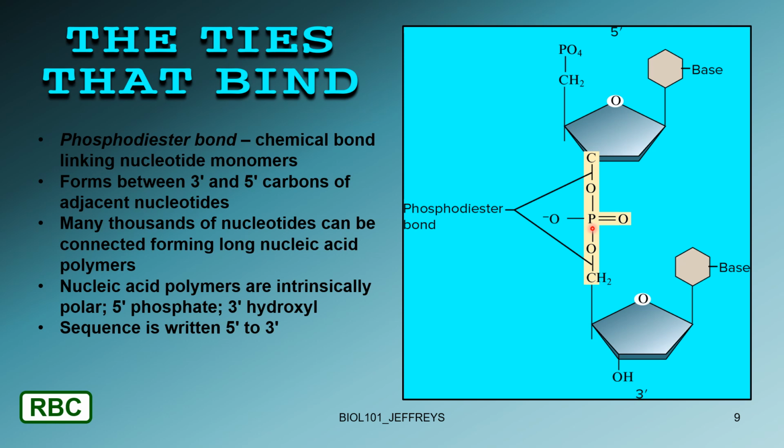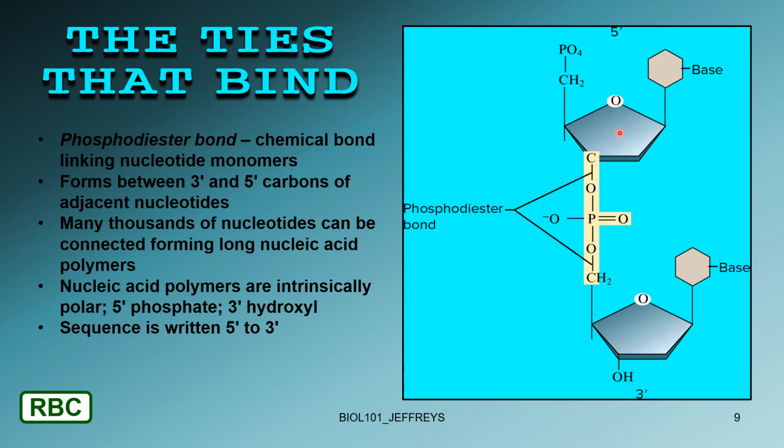Okay, the bond is between the oxygen here on this pentose sugar and the phosphate, so it's the 3' O and the 5' P from this pentose, and that's where we form that phosphodiester bond. It's called diester because you have an oxygen bound on either side, diester. So the phosphodiester bonds form between the 3' and 5' carbons of adjacent nucleotides.